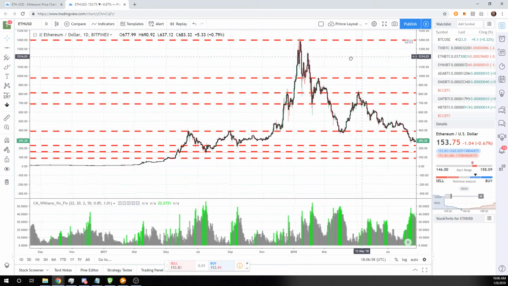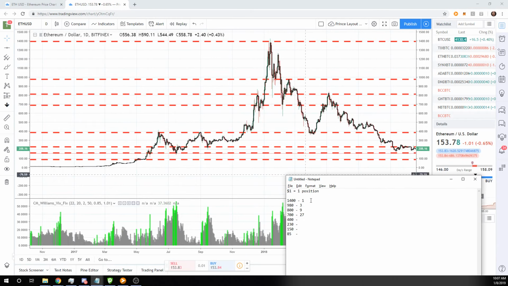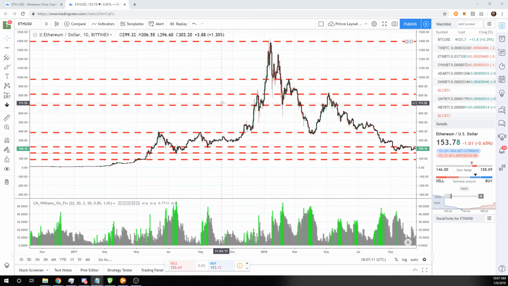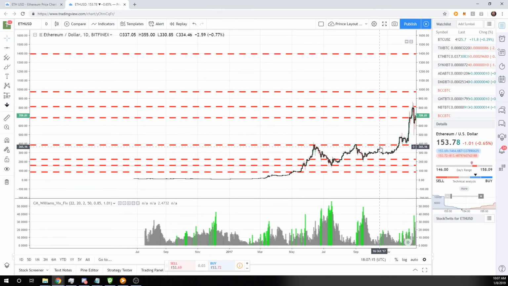What we should be able to see at this point is that the resistance and support lines tell us where we need to be doing our planning, because that's where the markets actually do turn around. They actually do turn around on these correlated resistance and support lines. Now, some of these we might not have known in the future.